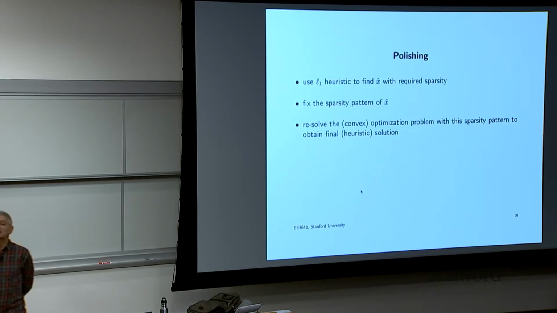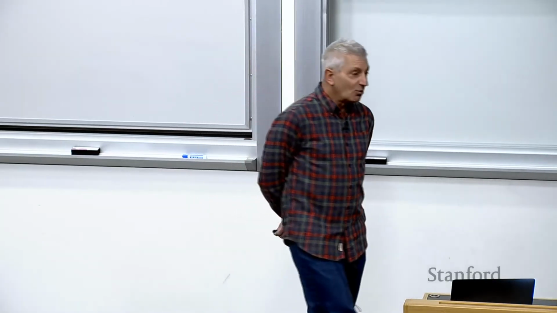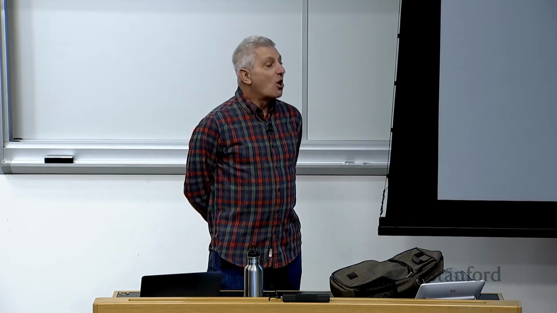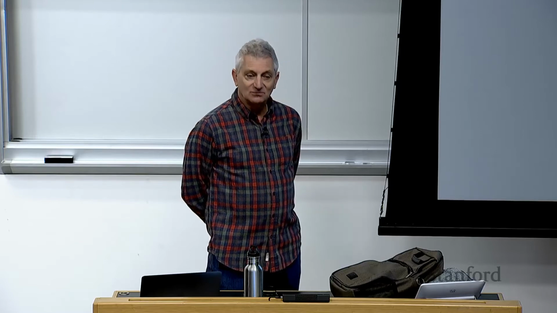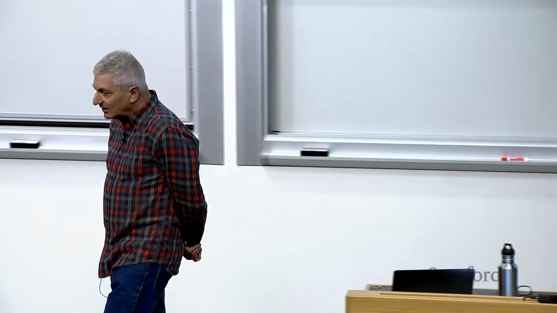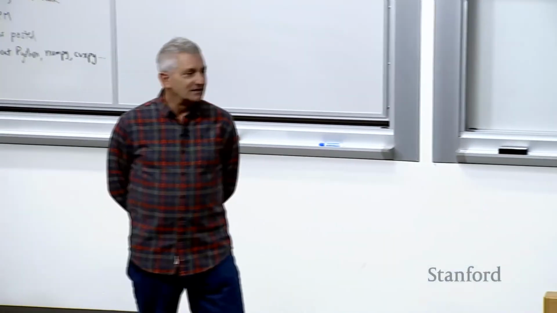Then you get 15 non-zeros. What you simply do is you record the locations or the indexes of the non-zero entries. Okay, so this is phase one. Then you go back and you resolve the problem with only those as the variables. All the others are now zero, right? And you remove any regularization if you had that, right? So that's called polishing, right? So this would be very, very commonly done, right?